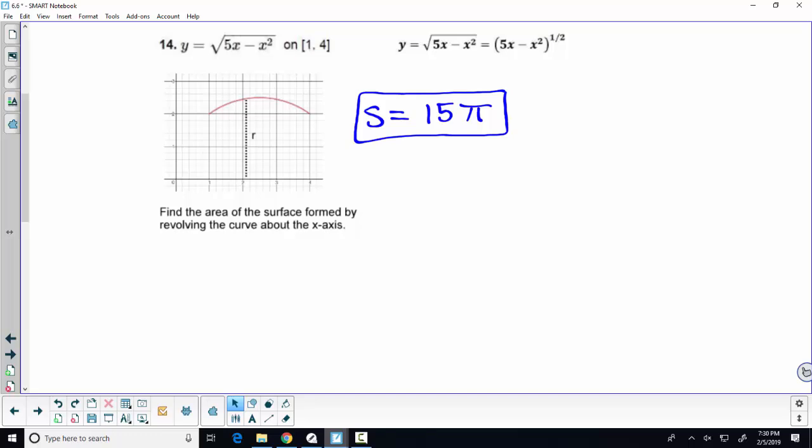So you want to think about it like this right here, like that, and then you can do the. So I expanded this one out.